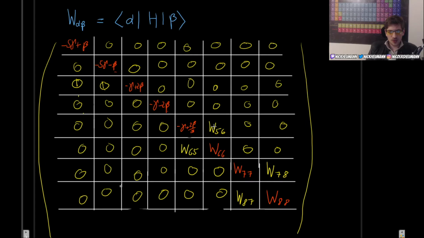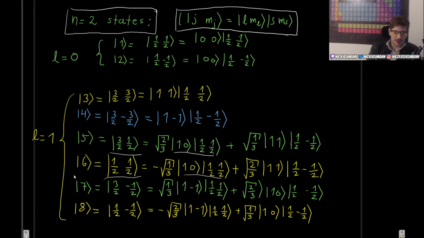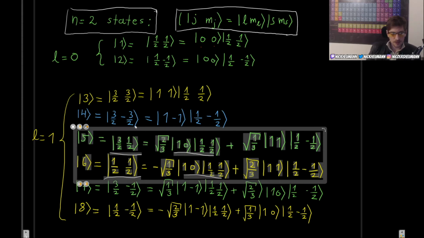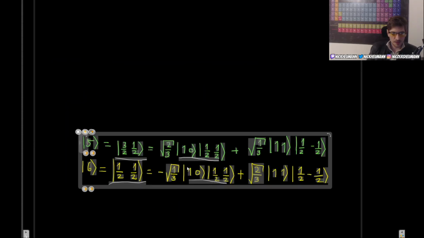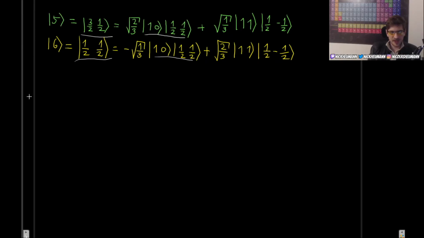So let's now go with W56 for example. Let me use a different page. Let me go for states 5 and 6, so these ones. Okay, so W56.